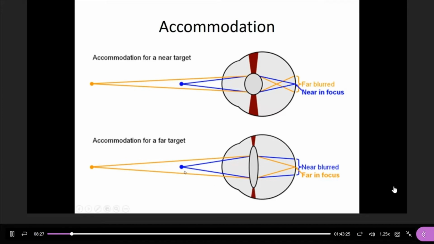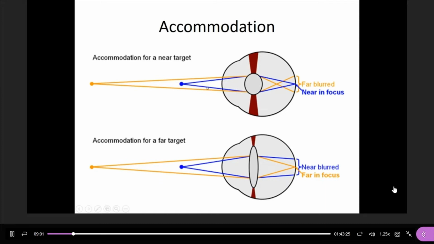At the same time, if you look at near objects, of course, these near objects will not form a sharp image on the retina. Instead, you will probably see a blurred image on the retina, because the image of these near objects will be forming somewhere behind the retina, and that's why you only see a blurred image.